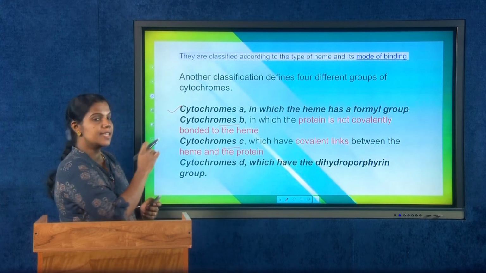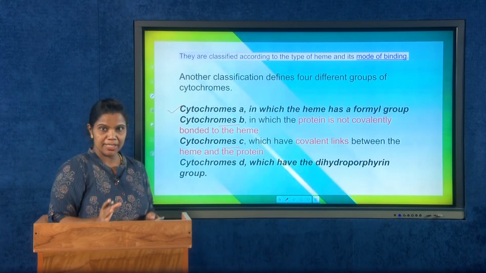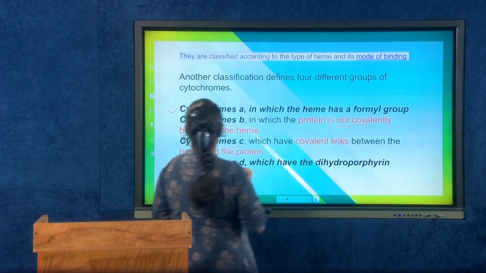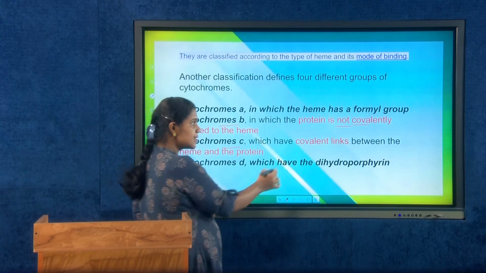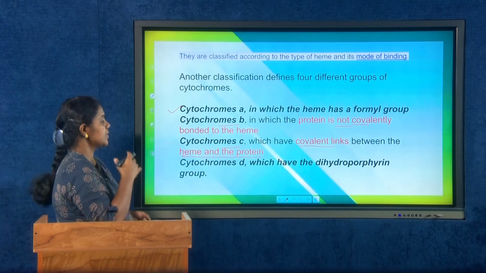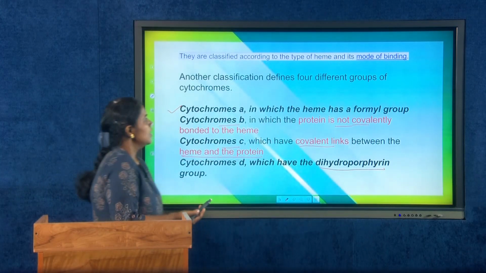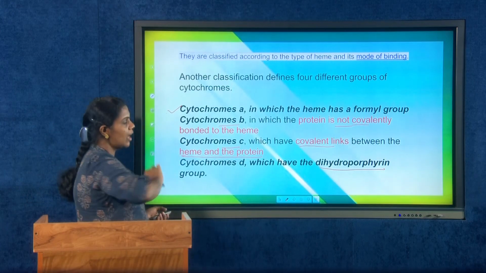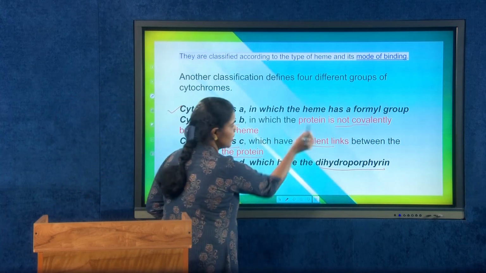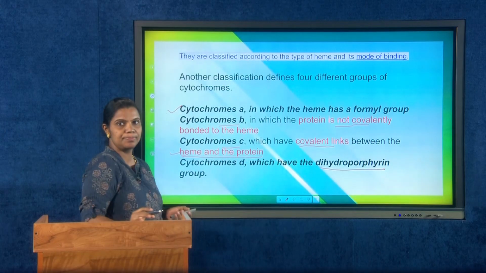In cytochrome B, the protein is not covalently bonded to heme. In cytochrome C, there are covalent links between the heme and the protein. In cytochrome D, we have a dihydroporphyrin group. So, mainly cytochrome A, B and C are very important. In cytochrome B, it is not covalently bonded, and in cytochrome C, it is covalently bonded between heme and protein.